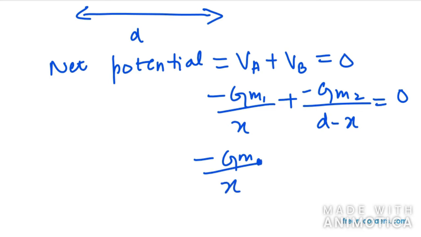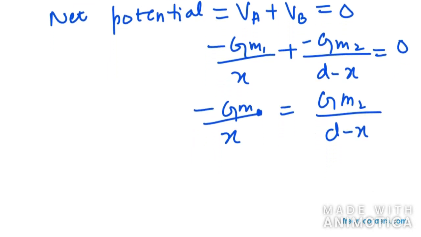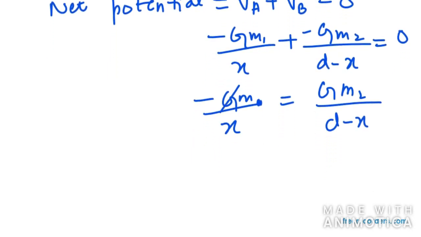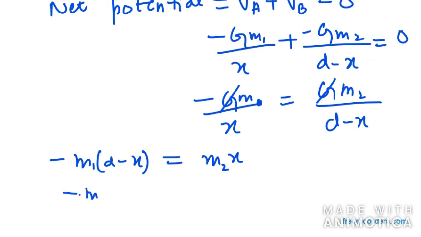So M1 over x equals M2 over d minus x. G and G will get cancelled out, and I need to find the x value. So I will be using cross multiplication here. M1 times d minus x equals M2 x.